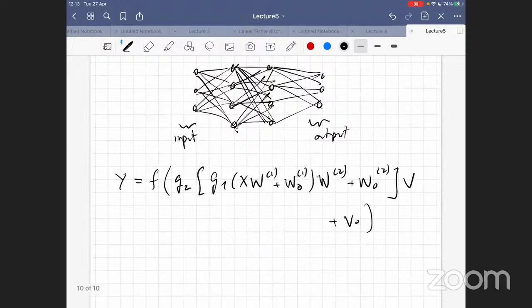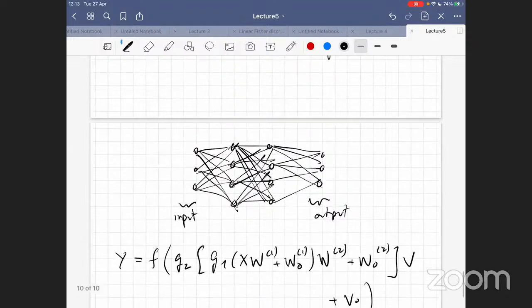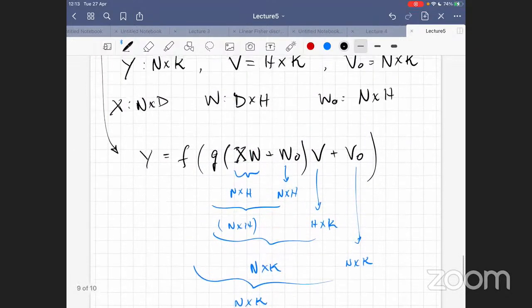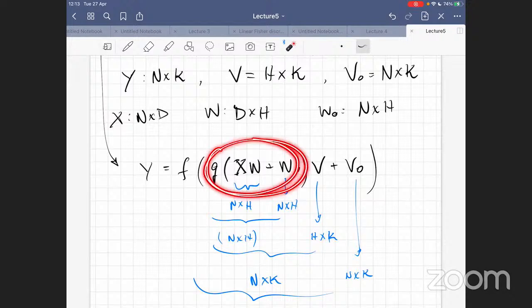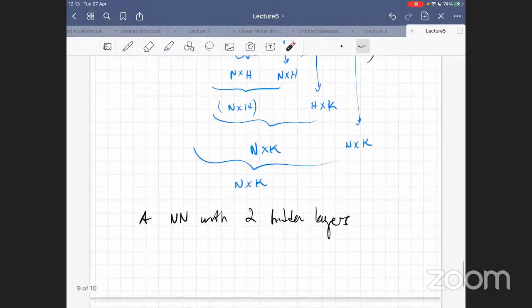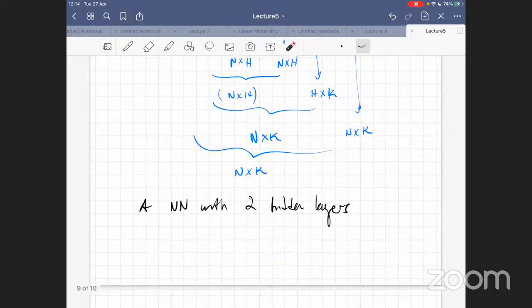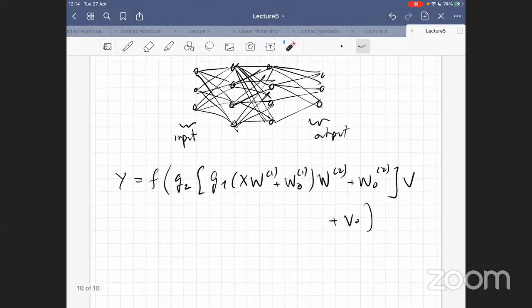Okay, so what I just did is replace X by another thing which can be written like this. And then I just increased one level of nonlinearity, if you want. All right.